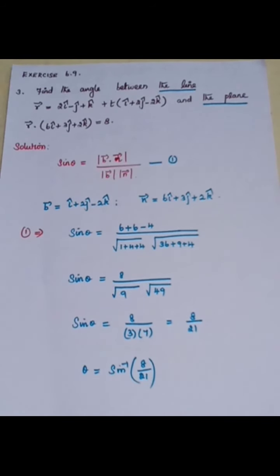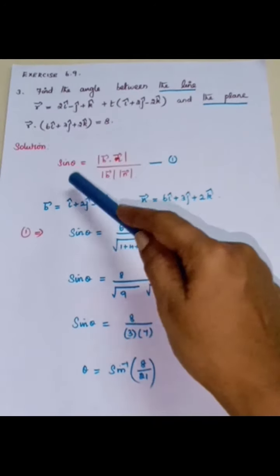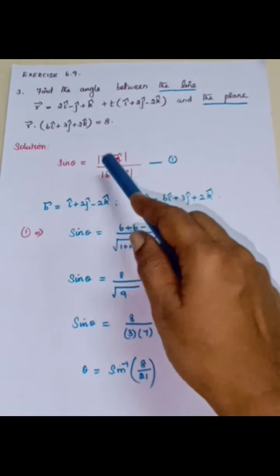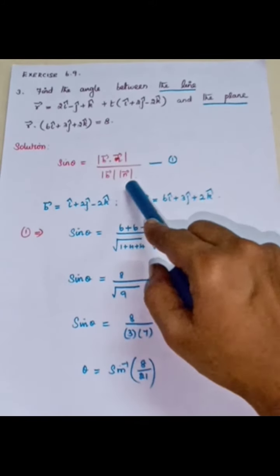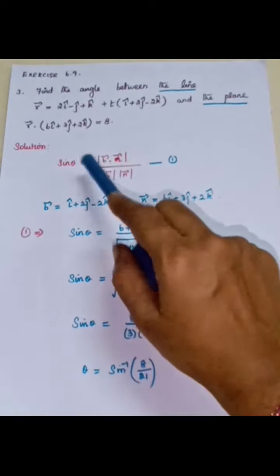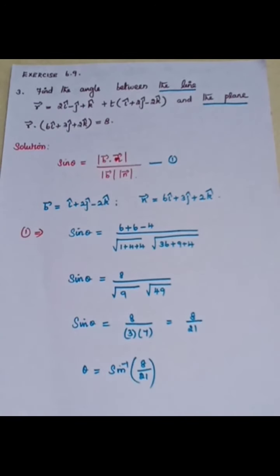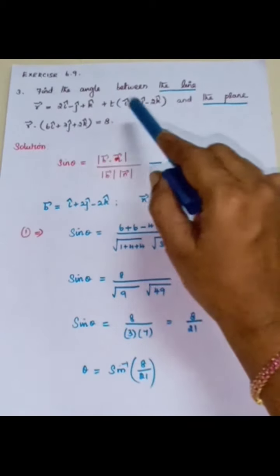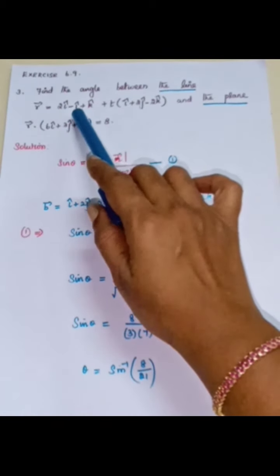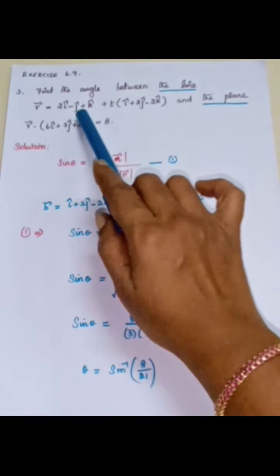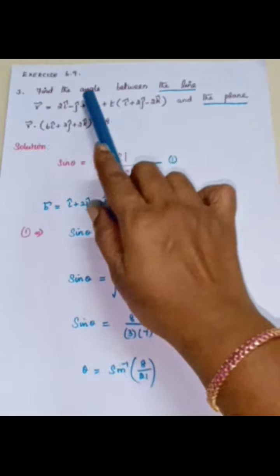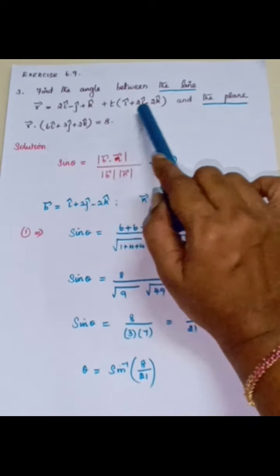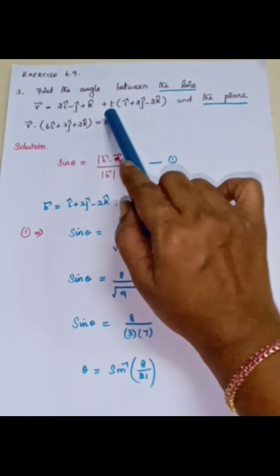So one line and plane equation is given. If you want to find the angle, you have to use the formula sin theta is equal to modulus of b vector dot n vector divided by modulus of b vector modulus of n vector. So the b vector has to be taken from the line and n vector has to be taken from the plane. You see the line equation. This point without parameter is the passing point of the line, that is the position vector of the passing point of the line, and this vector is written along with the parameter.